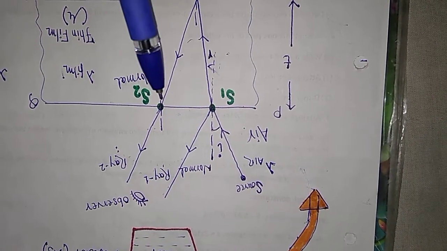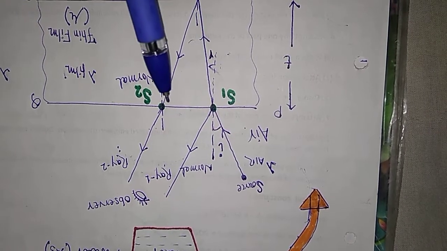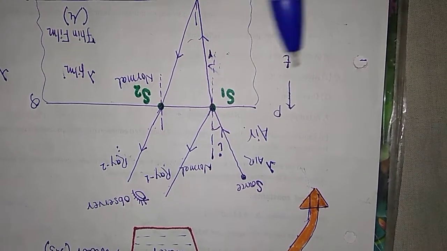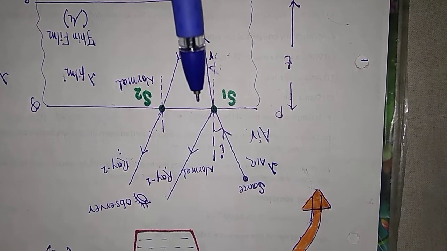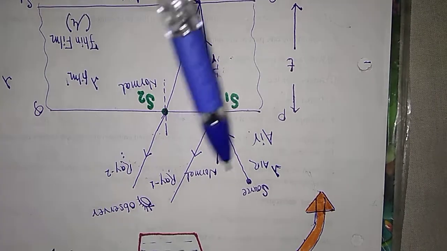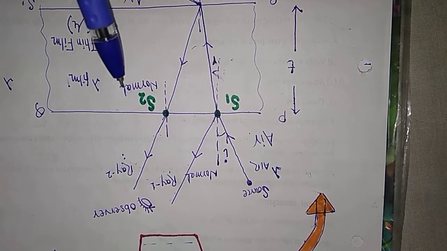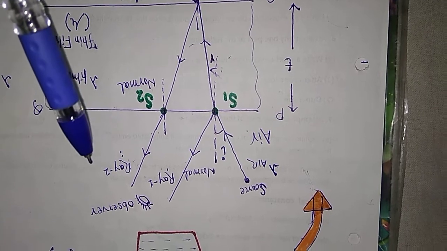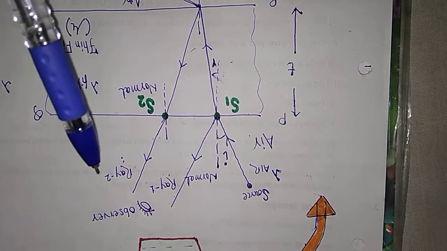So S1 and S2 act as virtual sources made from the single source. S1 and S2 are coherent light sources, and therefore this situation fulfills all the conditions of interference, and we can obtain the interference pattern in the reflected light.